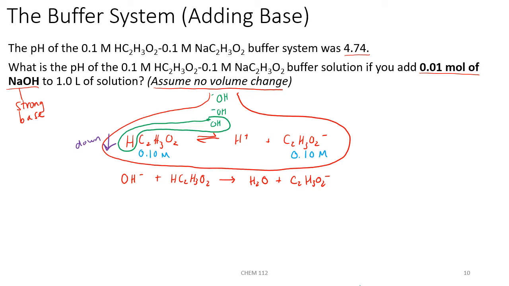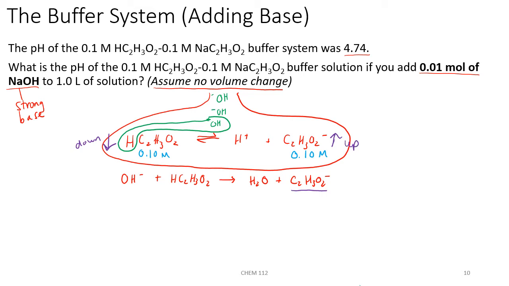Notice that however much the acetic acid goes down by, so however much that proton gets ripped off, every drop forms some acetate anion. So the concentration of the acetic acid will go down, but the concentration of the acetate anion will go up by that same amount that we add the hydroxide ion in.